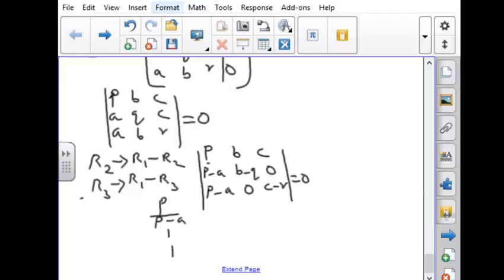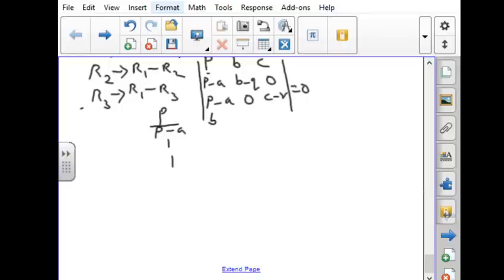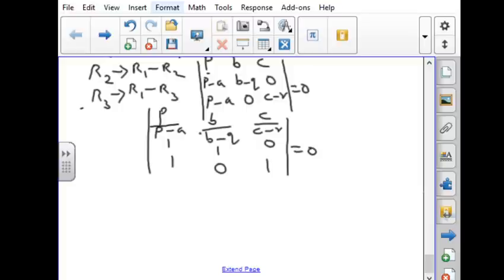The second column we divide by B minus Q, so we get B by B minus Q, 1 and 0. The third column we divide by C minus R: C by C minus R, 0 and 1 is equal to 0. And here we have P minus A into B minus Q into C minus R.